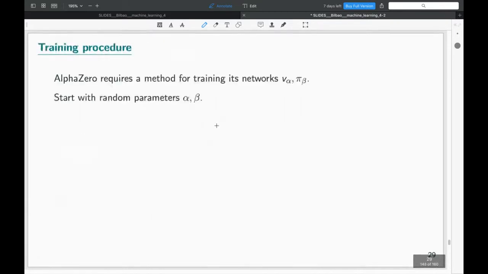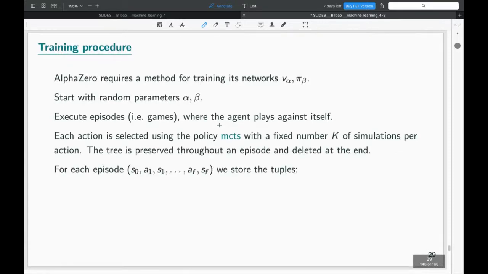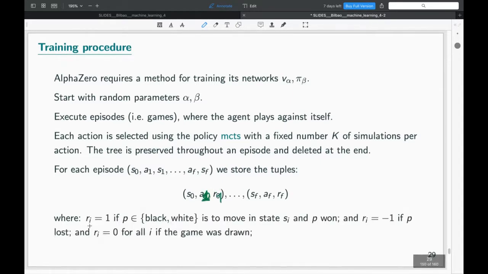You need this because you want to assess the value of a state, so you need to know who is to move at that point. So Ri is 1 if player P is to move and player P won.